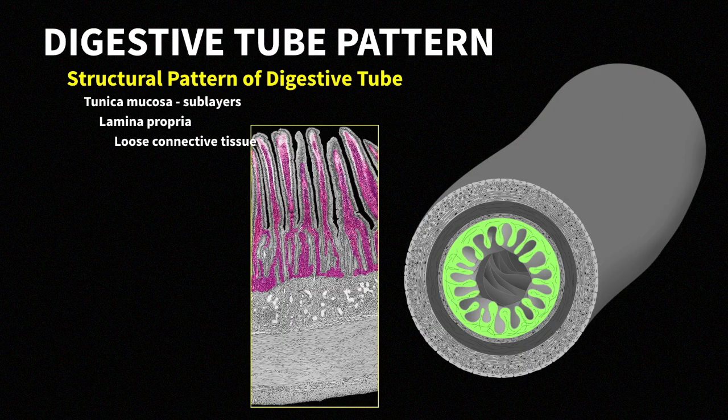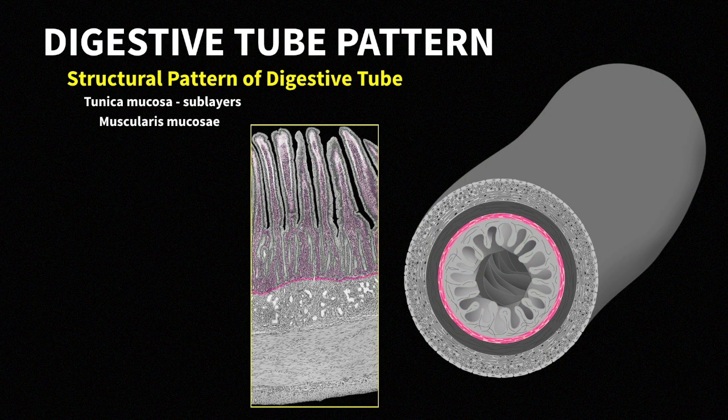These are the capillaries that function as the site of absorption for products of digestion. The next sublayer of the mucosa is the muscularis mucosae, a thin layer of smooth muscle that regulates lymph flow in the tubular wall and aids expression of secretion from mucosal glands.